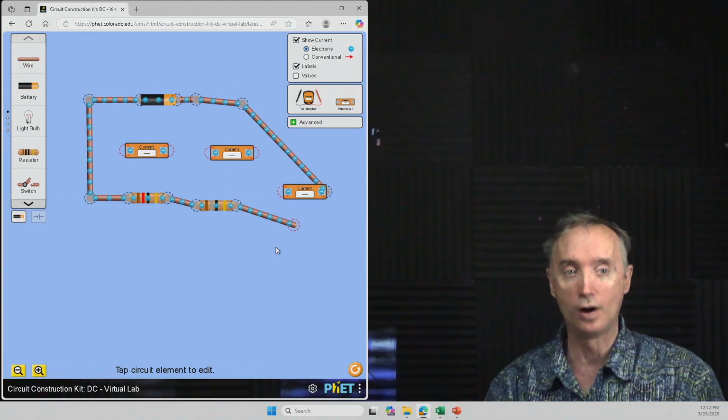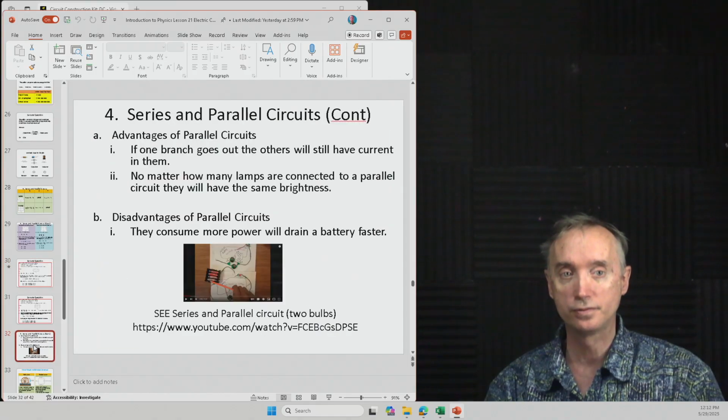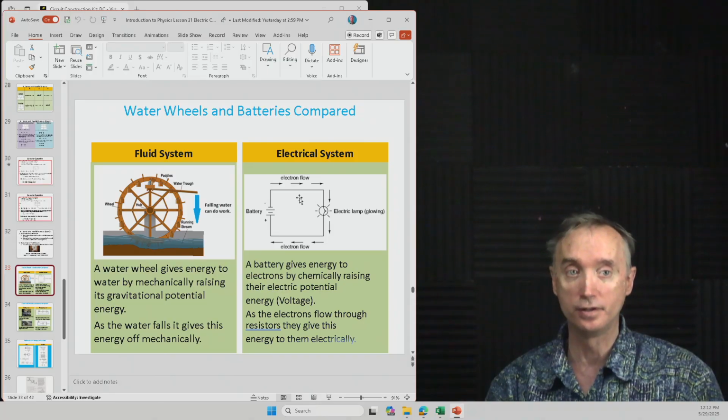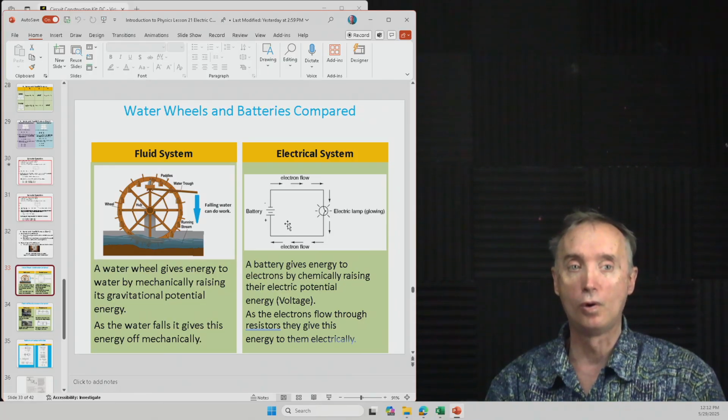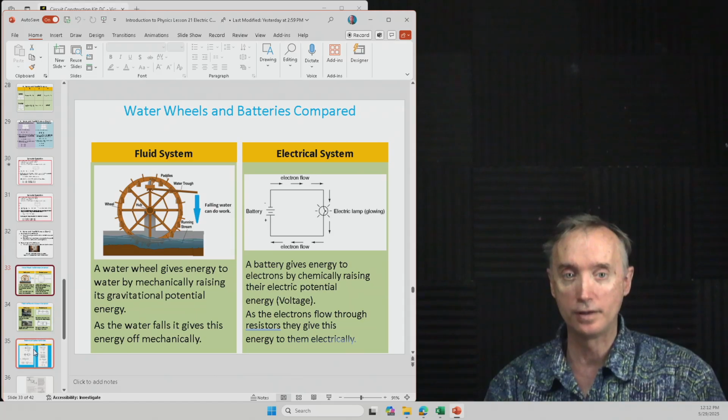Now if you want to know why, and I know that you do, you're saying, well, why is that true? Well, if you go down to here in the notes, I talk about how a battery is similar to a water wheel, and how an electrical circuit is kind of similar to water flowing over the water wheel and then causing something to happen. So you can read about this.